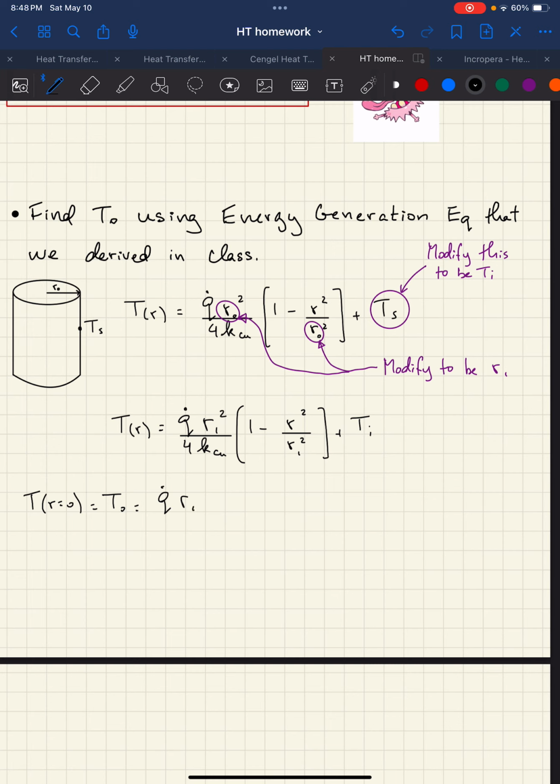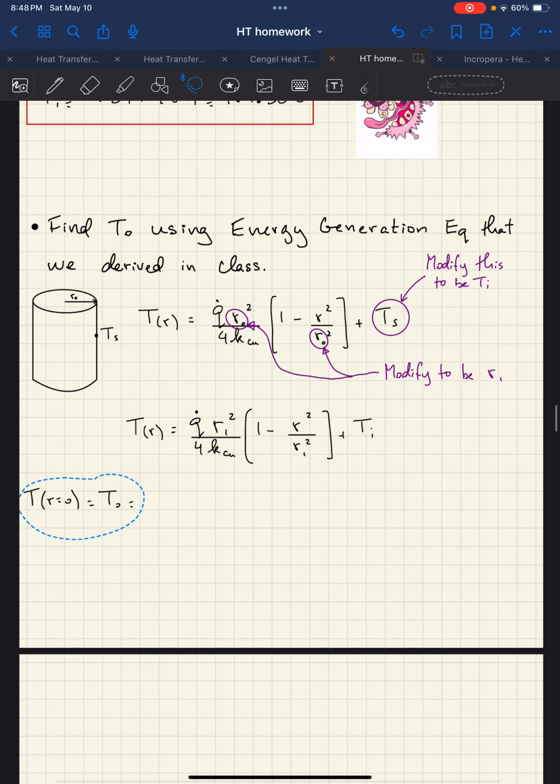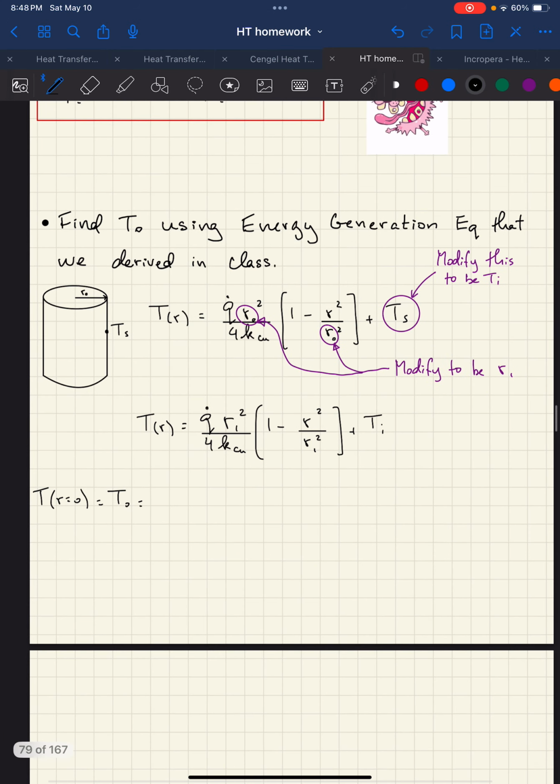And you know what? I'm just going to plug in all the numbers straight away just to keep things a little bit faster. Again, if you need to take extra steps, take the extra steps. No one's judging you about how many steps you take. People only care if you get the right answer. So Q dot is 1.91 times 10 to the 6 watts per meter cubed. That's your Q dot. R1 is the radius of the conductor, which is 0.5 centimeters.